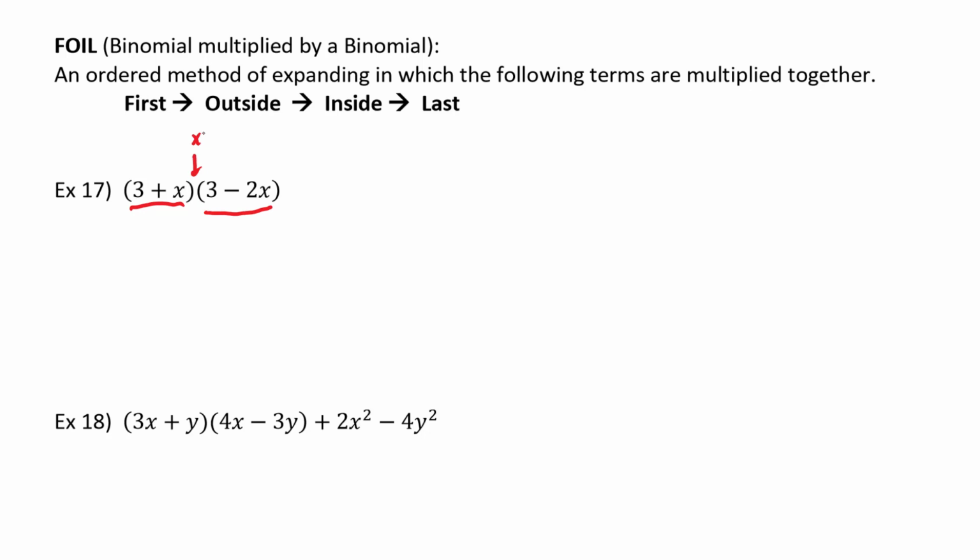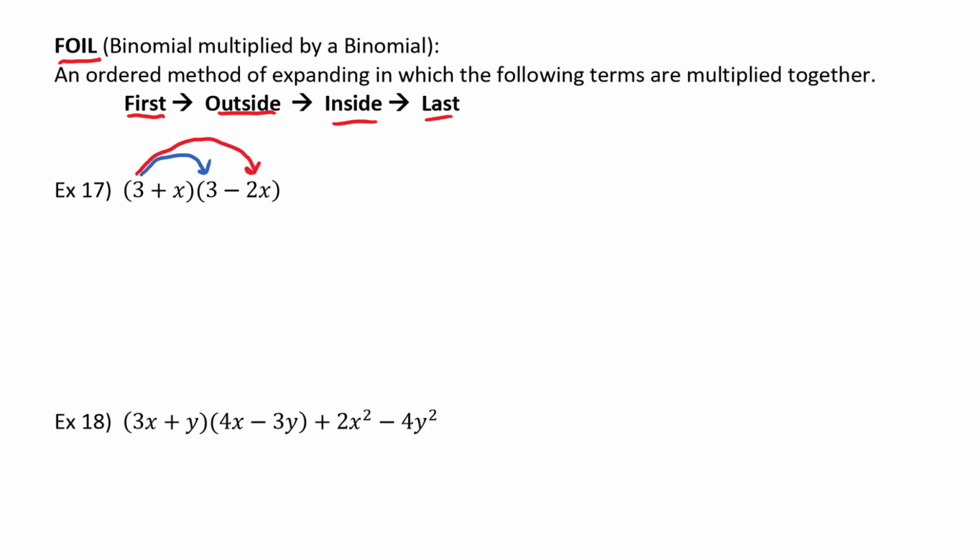Oftentimes in math, there are little acronyms to help you remember how to do your work. FOIL is the acronym when we're multiplying one binomial by another binomial. What it stands for is first, outside, inside, last. Let's now apply this to this binomial. You can see here, this grouping and this grouping, they're multiplied together. So what happens is the first values have to be multiplied together, and then the outside values.